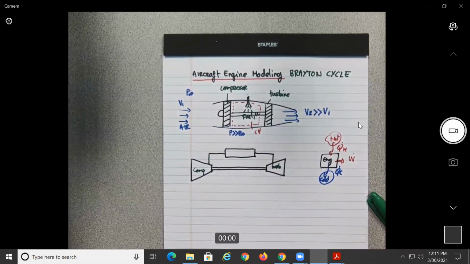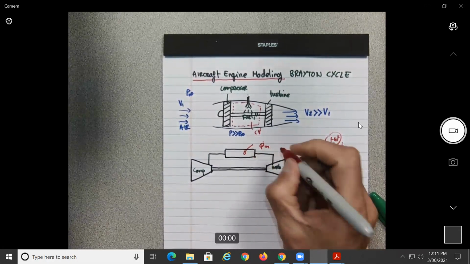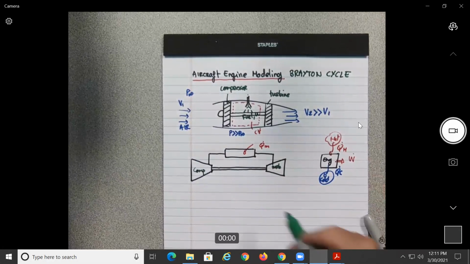Okay, so this should be, for example, here, Q in, and this will be a heat exchanger.